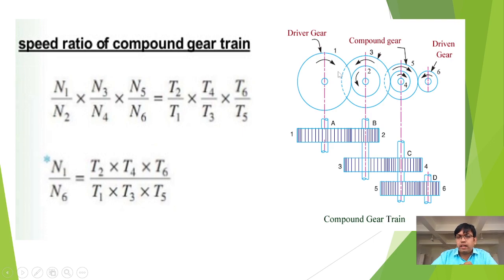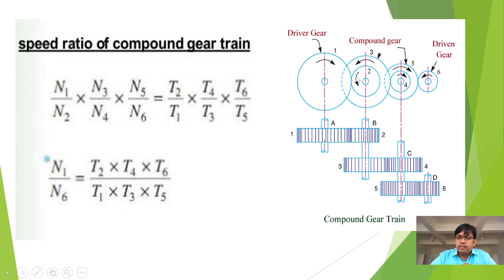Therefore, the speed ratio between 1 and 2 is N1 by N2, which is inversely proportional to the number of teeth, that is T2 by T1. Let it be equation 1.